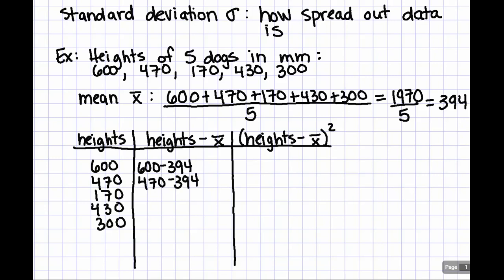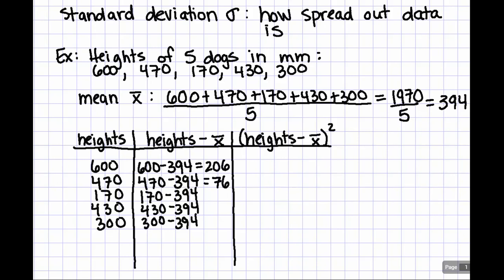So 600 minus 394, 470 minus 394, 170 minus 394, 430 minus 394, and 300 minus 394. And when I do these, I get the following values. So I get a 206. Here I get a 76.